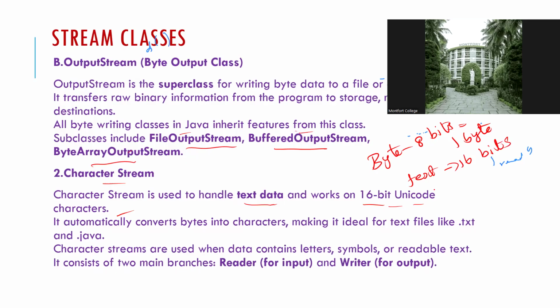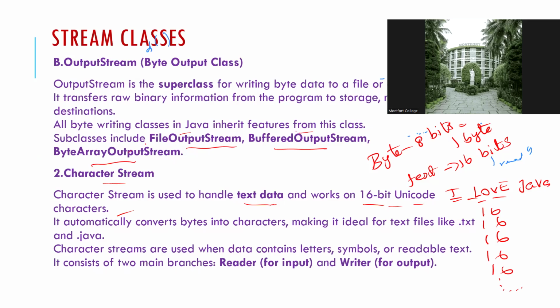If I have the sentence 'I love Java' in a notepad, I will be considered as 16 bits, the space will be considered as 16 bits, L will be considered as 16 bits, O will be considered as 16 bits, V will be considered as 16 bits, and so on.